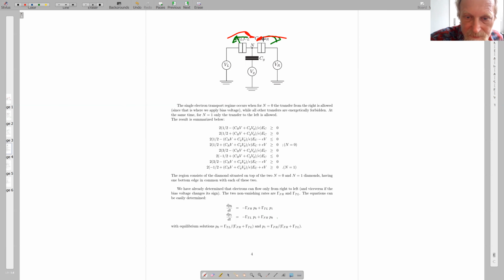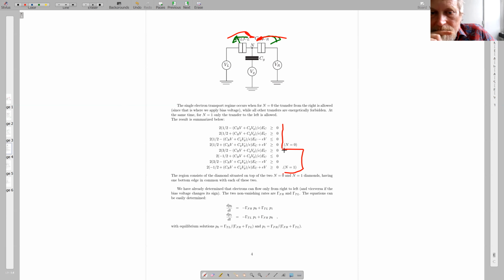So this is for all these possible things for n equals 0, and these are all possible things for n equals 1.